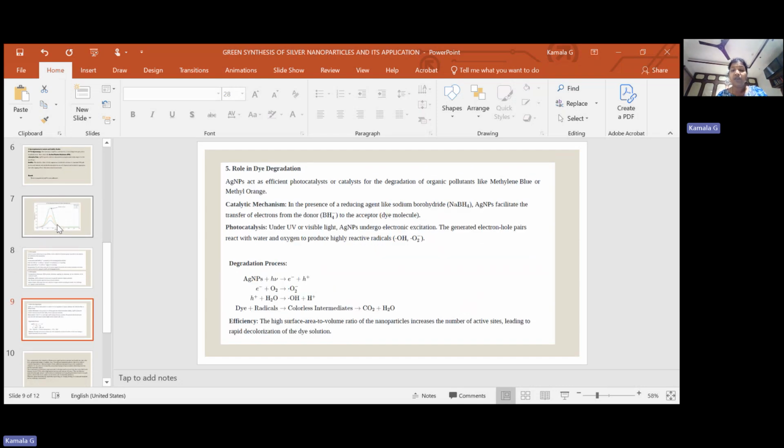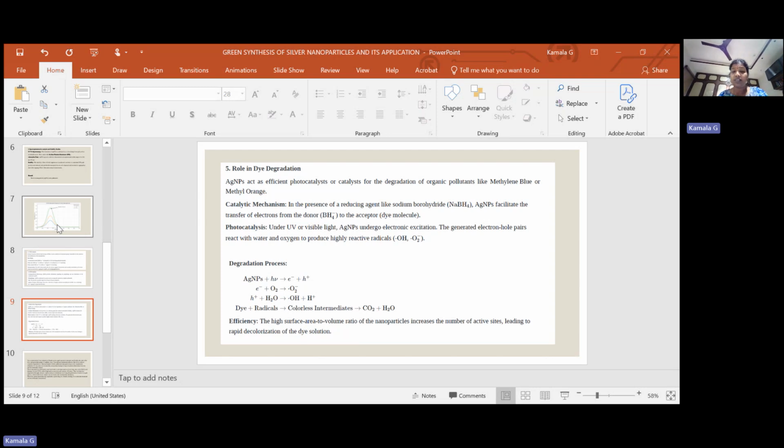Further, we discussed applications. In this lab, we conducted a dye degradation experiment. Nanoparticles effectively act as a photocatalyst in the degradation of organic pollutants like methylene blue and methyl orange.